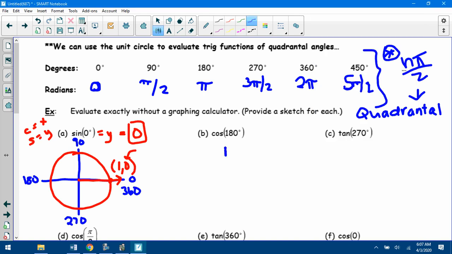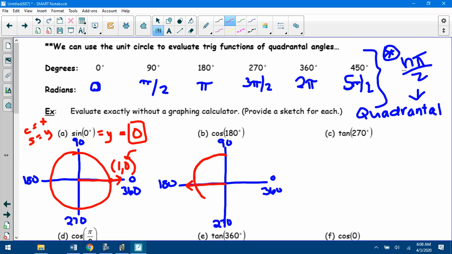Okay, cosine of 180. Keep labeling 0, 90, 180, 270, 360. We know 180 is over here. If you're on a quadrantal, think unit circle. What point would be over there?